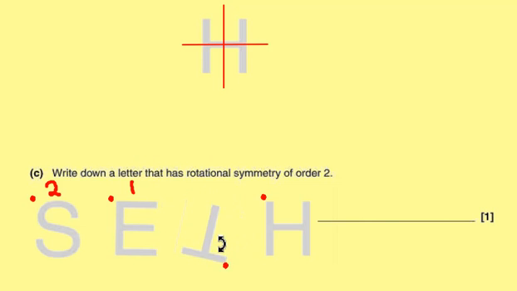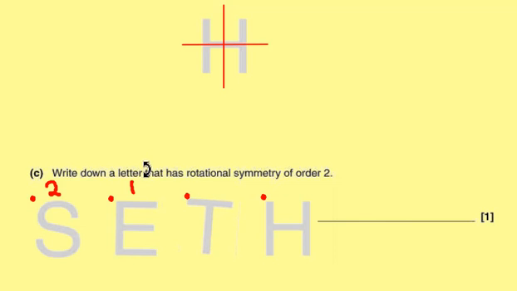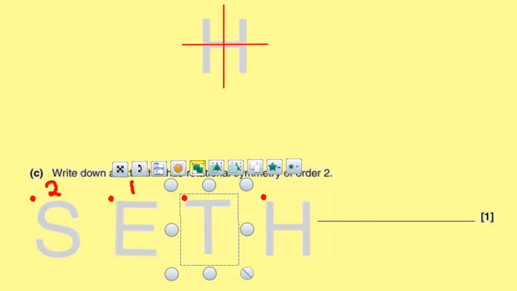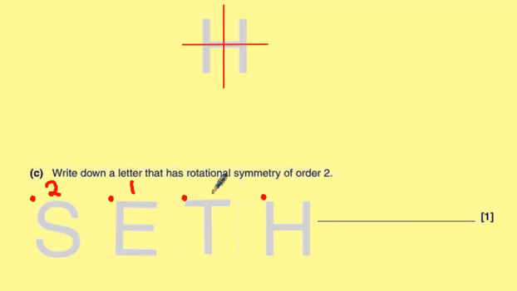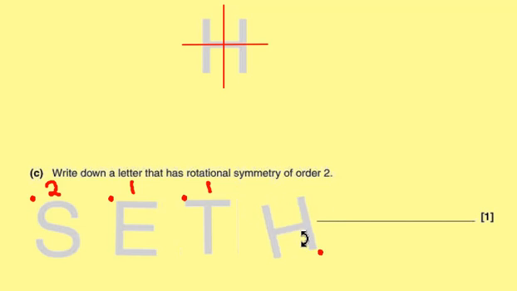You rotate it round upside down 180 degrees, so once in 360 degrees. If I can get it back straight again, there we go. So T has rotational symmetry of order 1, and the letter H, if I rotate that round once 180 degrees, it's back into its original H and back up again to the top there. So that has rotational symmetry of order 2.